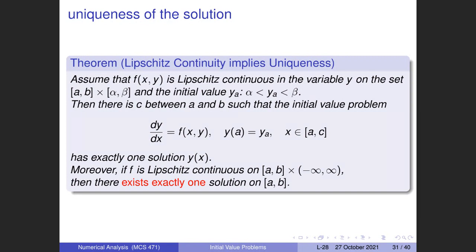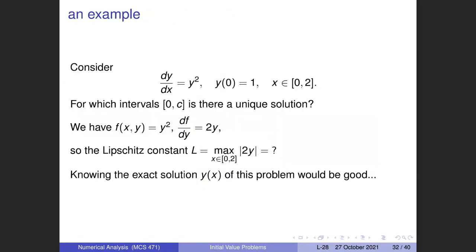So Lipschitz continuity implies the existence and the uniqueness of the solution. That's what this theorem here says. All right, here is another example. Now consider a nonlinear right-hand side, so right-hand sides that are nonlinear in y.